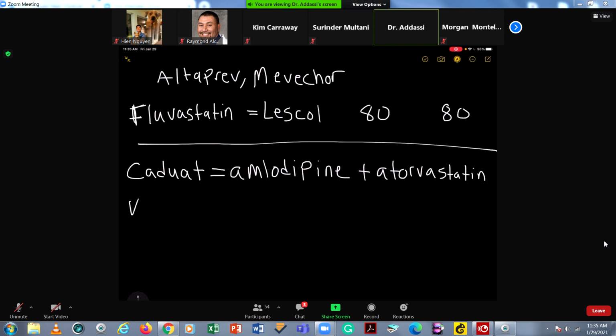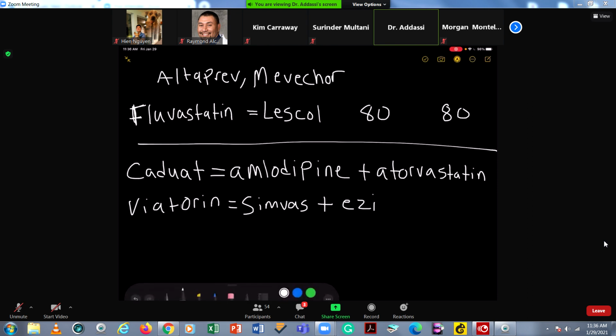And then we also have Vytorin. That's an O. Oh my God. It's disgusting. Okay. God, that is an ugly O. I'm sorry. Vytorin is simvastatin plus ezetimibe. Nope, that's not right.